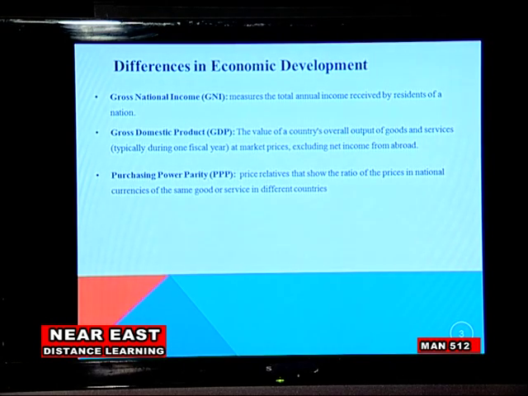We have also gross domestic product. It is the value of a country's overall output within a year, to what extent they produce goods and services, and they cover the fiscal period, and they exclude the net income from abroad. We have also purchasing power parity, which is price relatives that show the ratio of the prices in national currencies of the same good or service in different countries, to what extent we can buy the products if we were in another country.